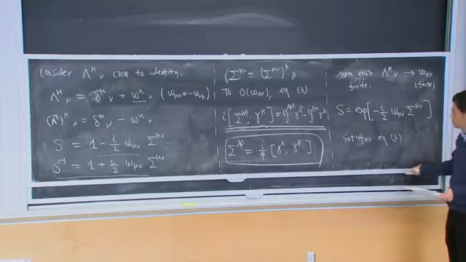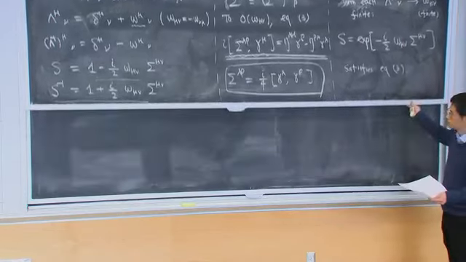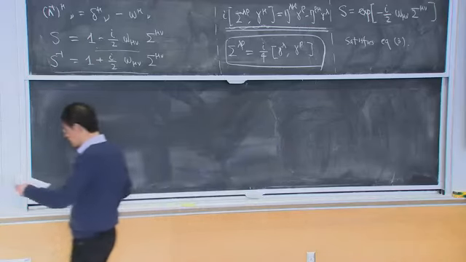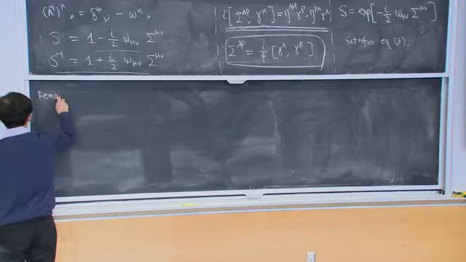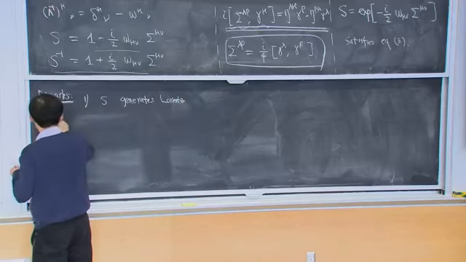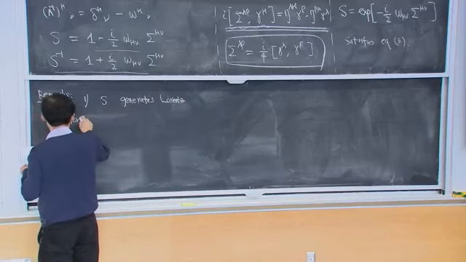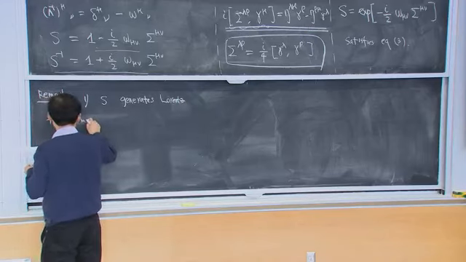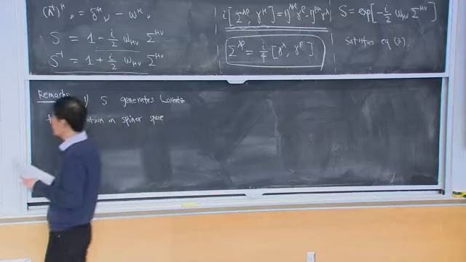So now let's make some remarks. This S generates a Lorentz transformation in spinor space, because it only acts on this alpha and beta.